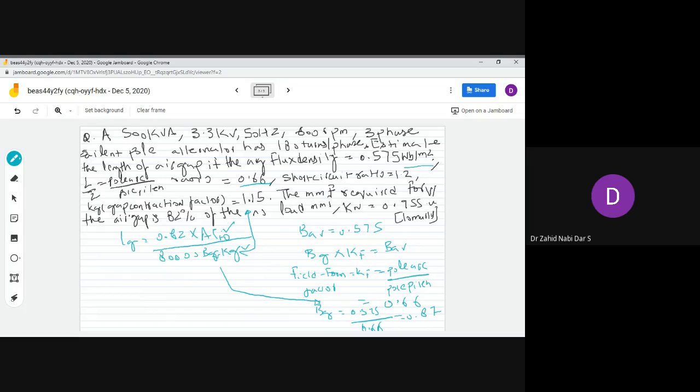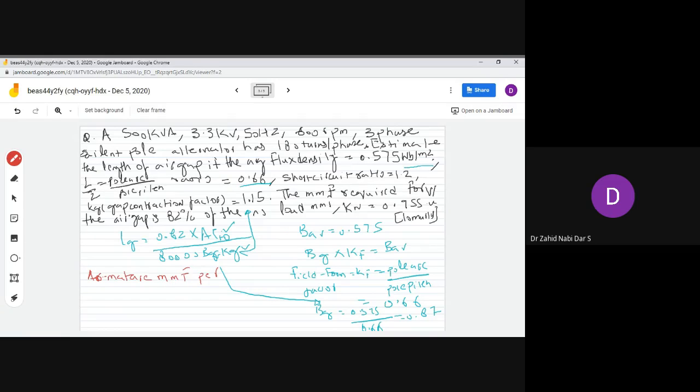To calculate the ampere turns, you have to go for the armature mmf per pole.